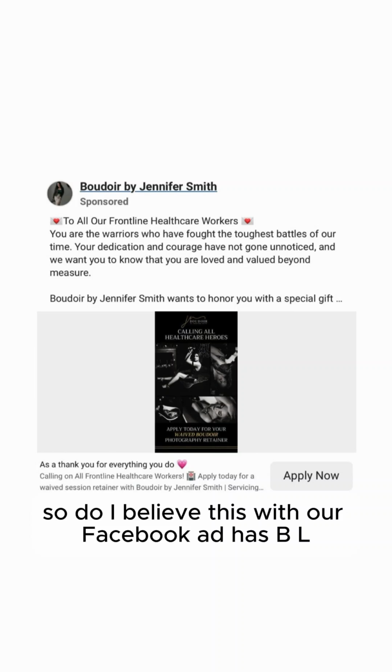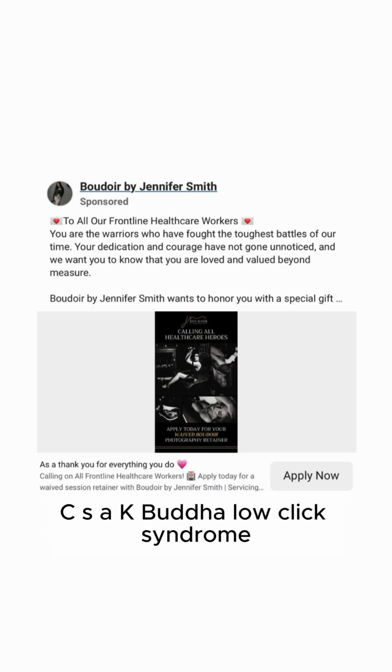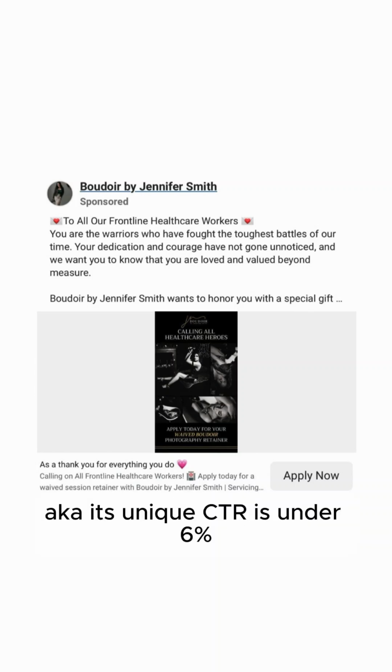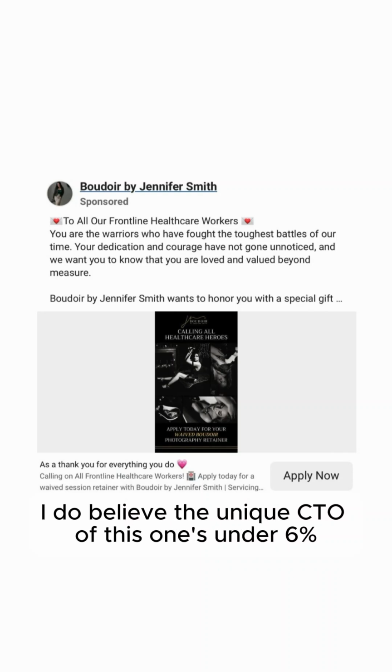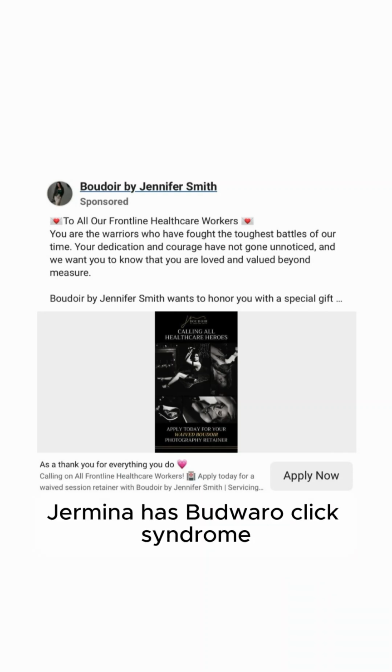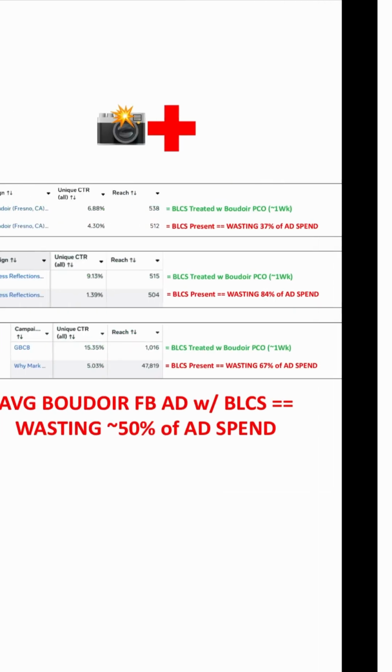So, do I believe this Boudoir Facebook ad has BLCS, aka its unique CTRL is under 6%? So, yes. Yes, I do believe the unique CTRL of this one's under 6%, which would mean it has Boudoir low click syndrome.